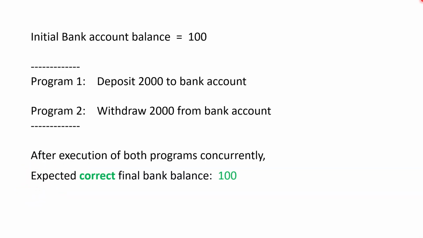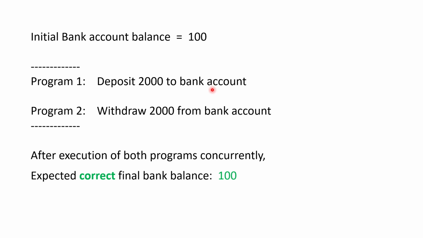So let me take this problem statement where I am going to first define the initial bank account balance as 100, and I am going to write two programs, program 1 and program 2. Let's say the first program will deposit 2000 rupees to the bank account, and the other program is going to withdraw 2000 rupees from the same bank account.